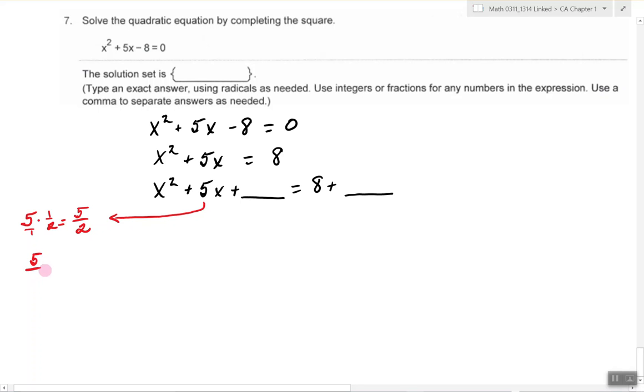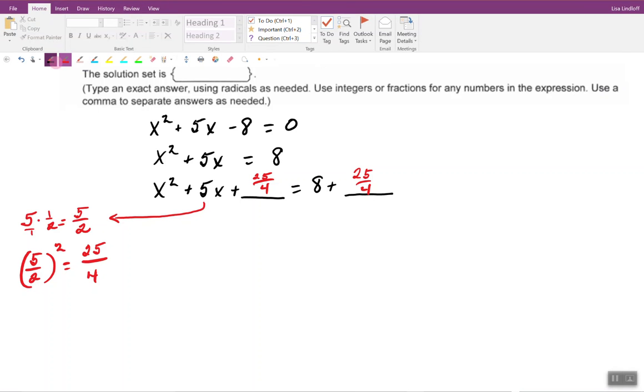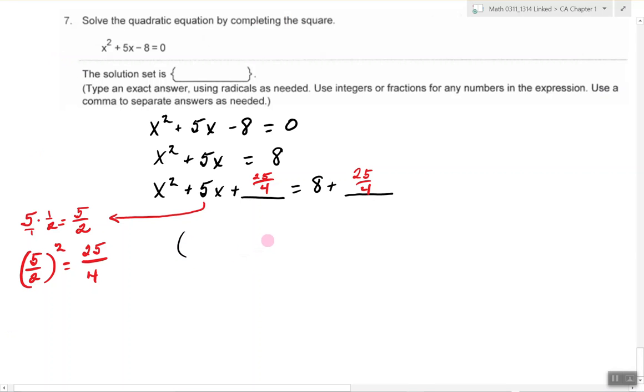Take 5 over 2, square it, which means square the top for 25, square the bottom for 4. So that's 25 over 4. 25 over 4. This left side is now a perfect square trinomial, but it's not very recognizable, honestly.